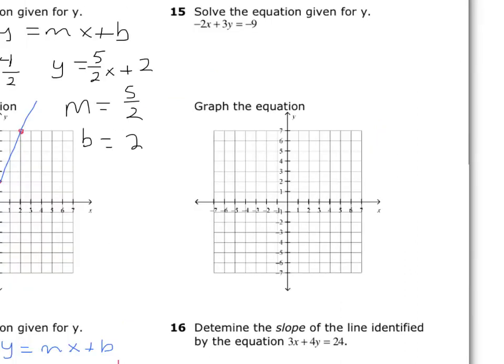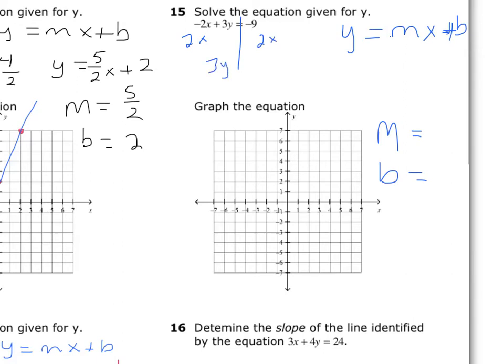Okay, number 15, same thing. Solve the equation given for y, so we need y equals mx plus b. And we need to identify the m and the b. So we will add the opposite, so plus 2x to both sides.